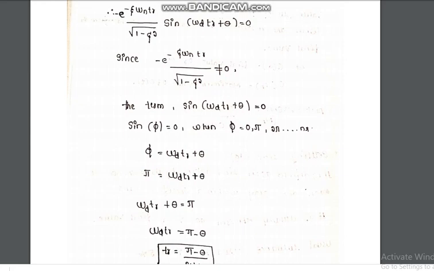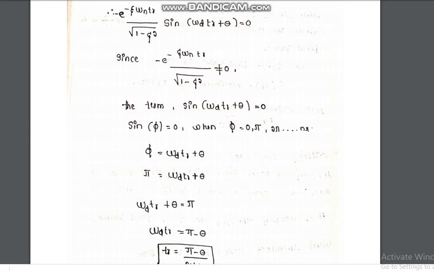If I call omega d TR plus theta as phi, then I can write sine of phi is equal to 0, where phi is equal to 0, pi, 2 pi, 4 pi and so on up to n pi. The sine function will be 0 when phi is equal to 0, pi, 2 pi, 3 pi, 4 pi and so on.